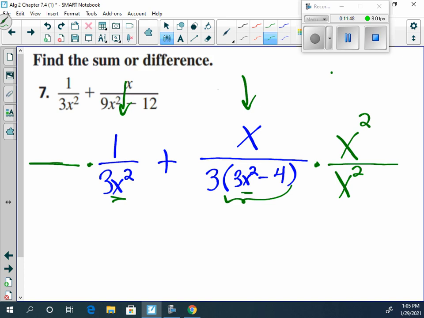Now if we go the other direction, what does the one on the right have that the one on the left doesn't? Yes. It has that whole term.